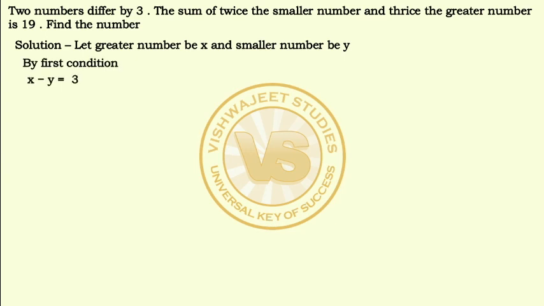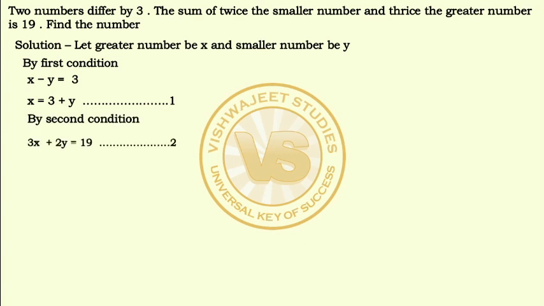We are going to solve this equation by the substitution method. So by converting it, we get x is equal to 3 plus y. This is our equation number 1. Now by the second condition, the sum of twice the smaller number and thrice the greater number is 19.